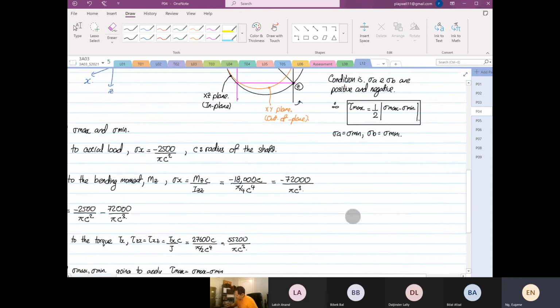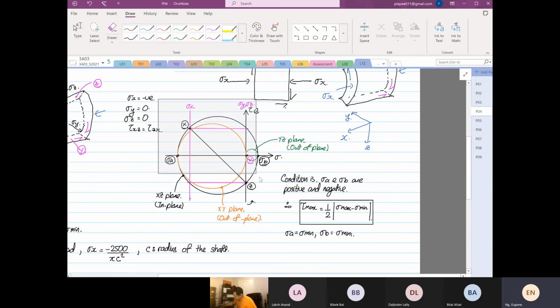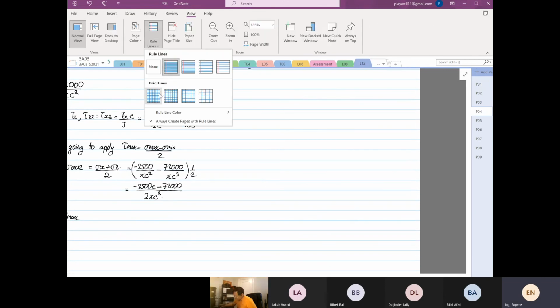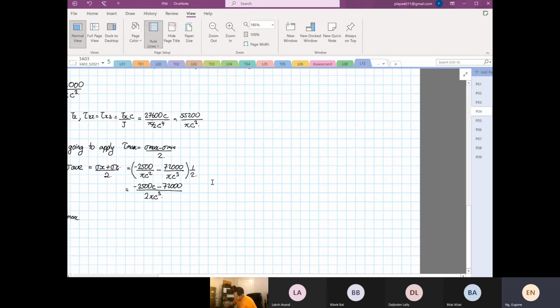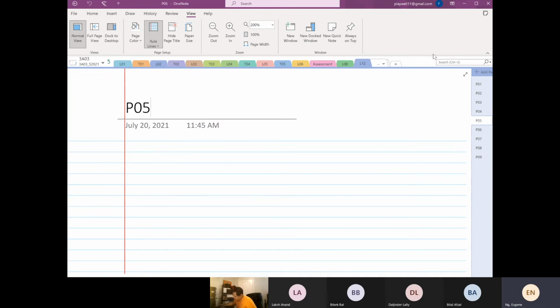So let me bring the sketch of our Mohr circle over here. This is what we have sketched. I'm going to start on the next page anyway, as that's the end of the page.